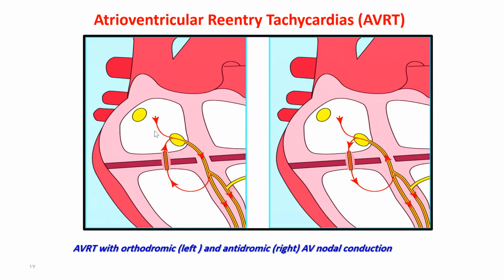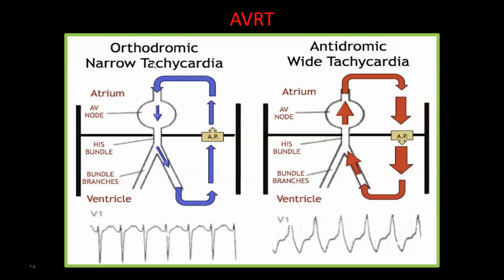Orthodromic is when the activation of the atrium is conducted from the AV node to the ventricle and coming back to the atrium through the accessory pathway, while antidromic is when the conduction from the atrium is transferred to the ventricle through the accessory pathway and conducted back to the atrium through the AV node. In orthodromic tachycardia, the QRS complex is narrow because we are conducting through the normal conduction system, but the retrograde conduction is through the accessory pathway. While in antidromic wide complex tachycardia, the electrical activity comes to the ventricle through the accessory pathway and is conducted back to the atrium through the AV node. So we call this wide complex morphology.